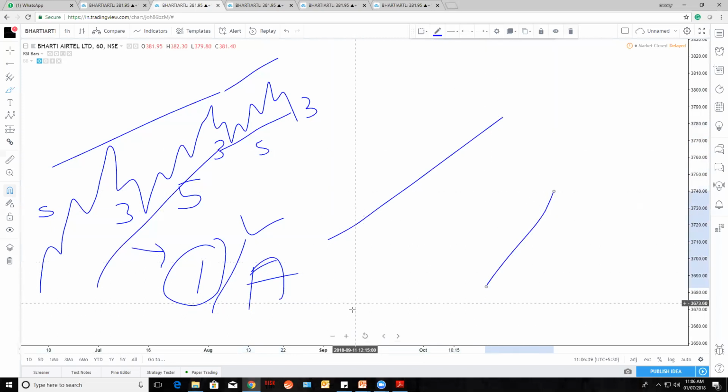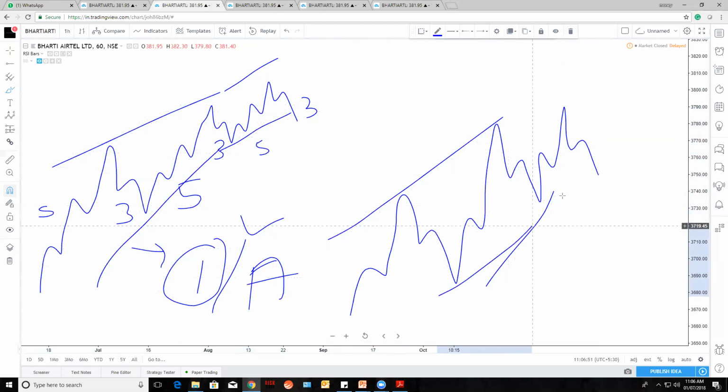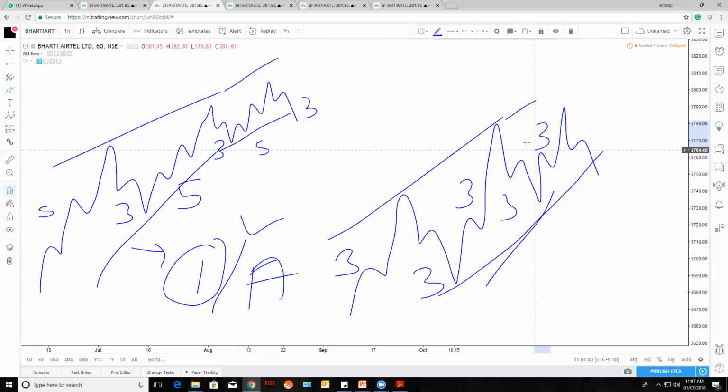Let's say one more diagonal. It is like a 3 3 3 structure. What is that 3 3 3? It's looking like ABC and ABC, ABC and ABC, ABC and ABC. It is also a leading diagonal, but the structure here is 3 3 3 3 and 3.